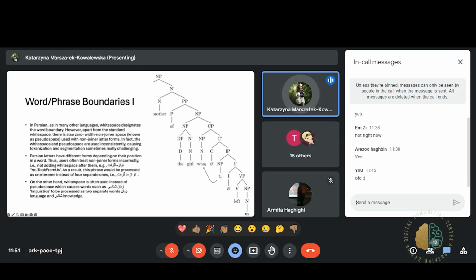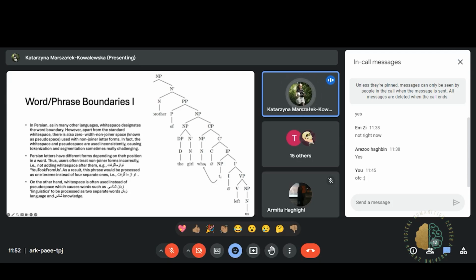Furthermore, Persian letters have different forms depending on the position in a word, and therefore, users often treat these non-joiner forms incorrectly, and they do not add white space after them. You can see the example here. As a result, this phrase might be processed as one lexeme instead of 4 separate ones.